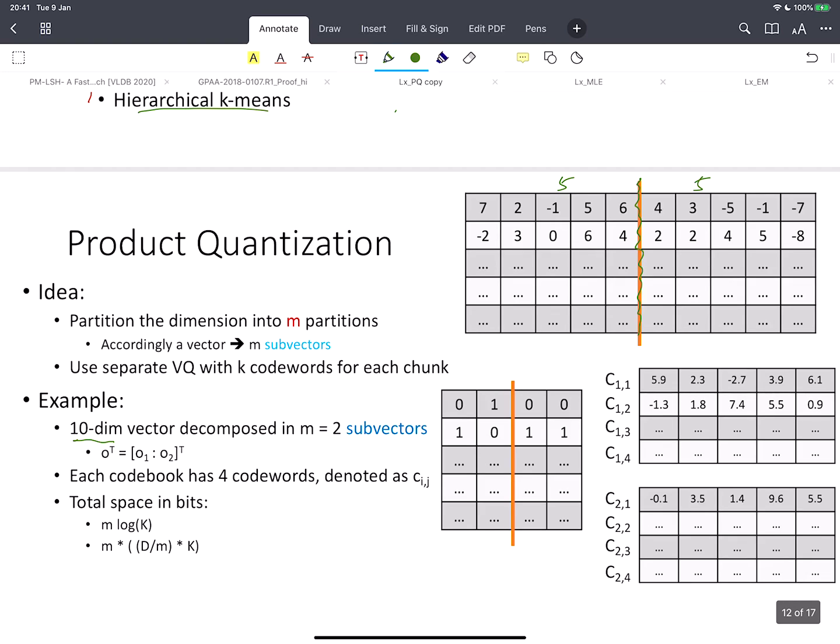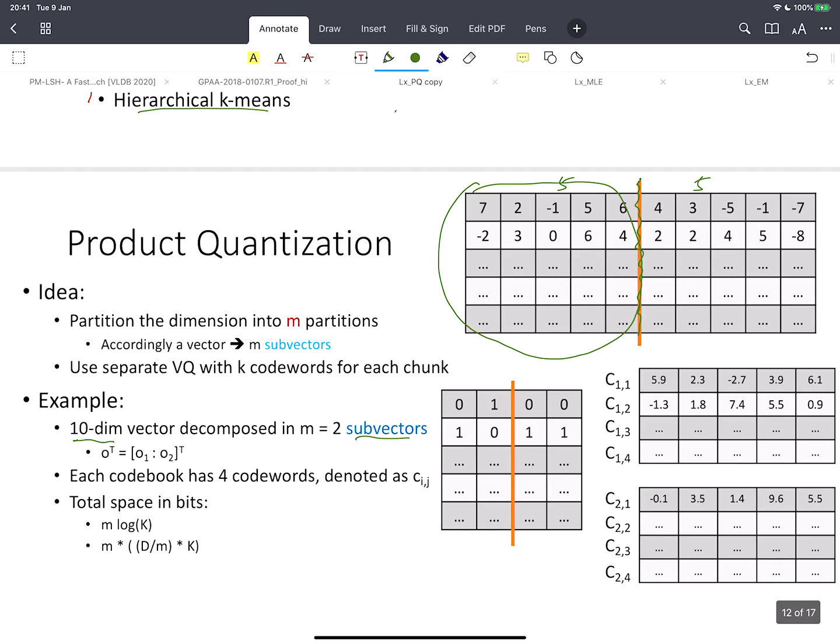Each subvector will become a 5-dimensional vector. As you can see, I'll give you some examples. And then for each partition's data set, you can use k-means.